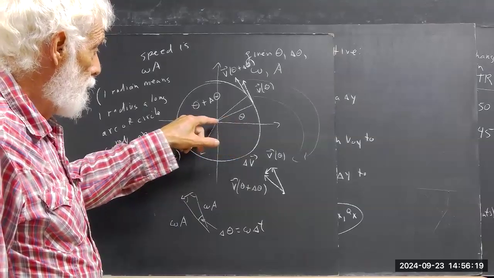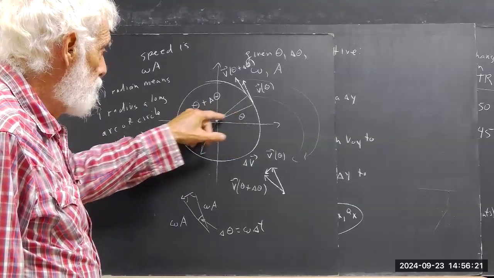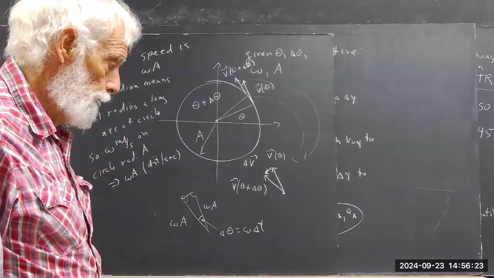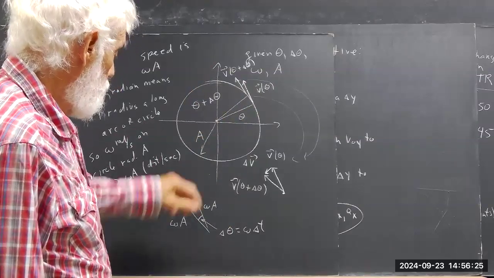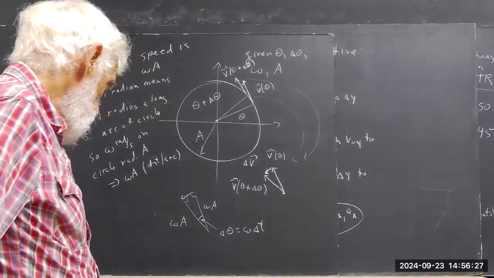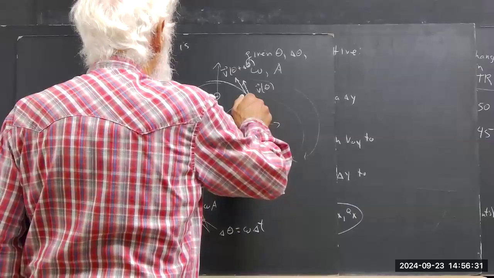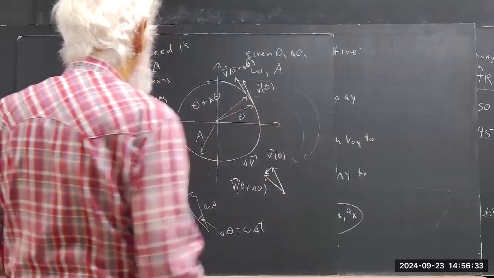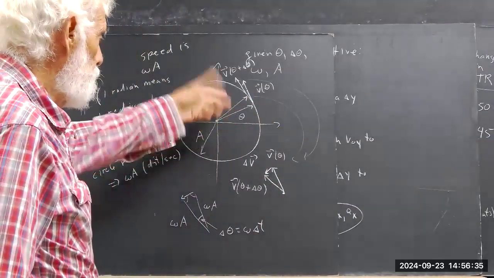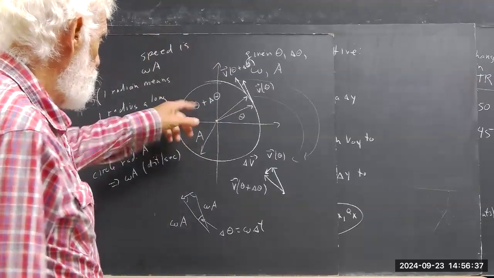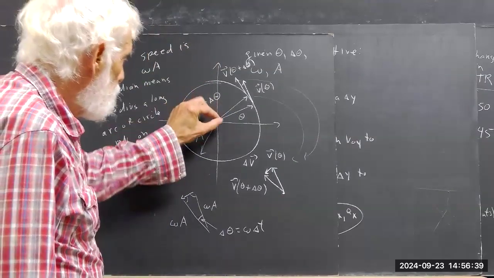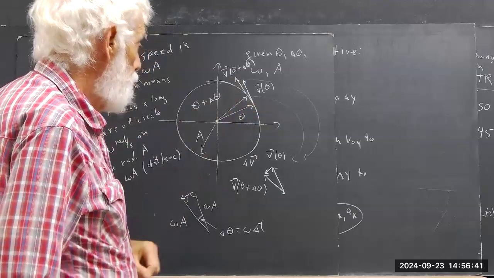When the position is theta, your position vector goes from here to here. I have drawn that as a position vector. Here's our position vector, and here's the position vector after we've moved through some angle delta theta. So delta theta is just the angle between these two vectors.